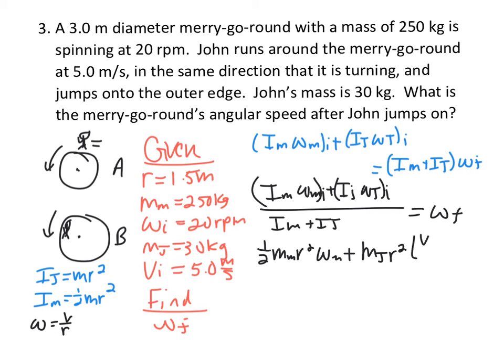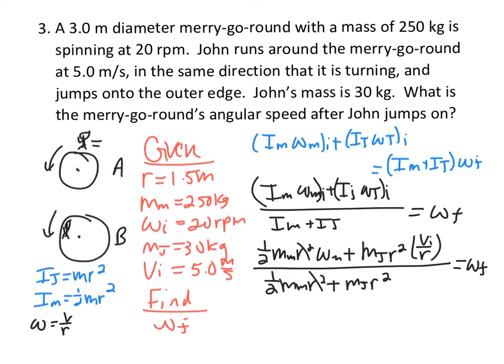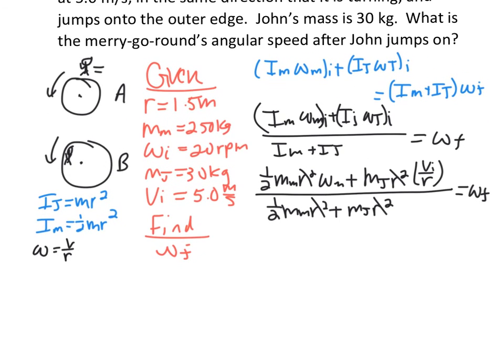So this would be times v initial over r, over 1/2 r squared plus mj r squared. That equals omega final. R squared appears in every single one of these terms, so it goes away.